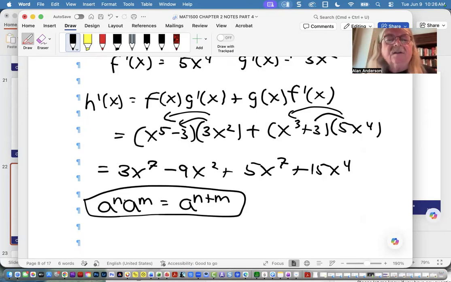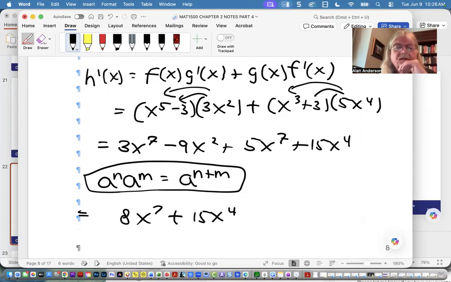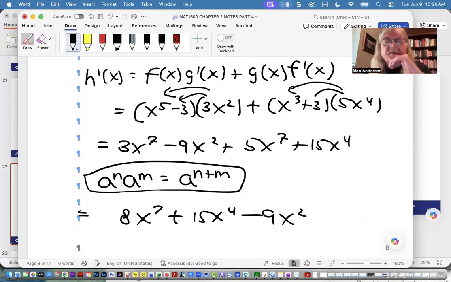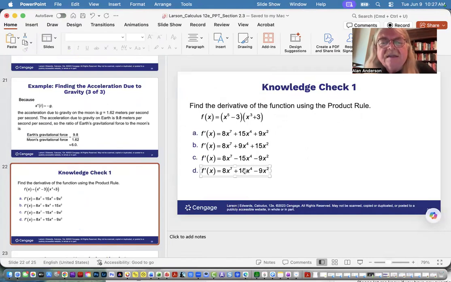Okay. So let's combine the like terms. As always, that's going to be 8x to the seventh, plus 15x to the fourth, minus 9x squared. Notice again that I'm writing them in descending order of the exponent. All right. So what do they have here? It would be D right there.